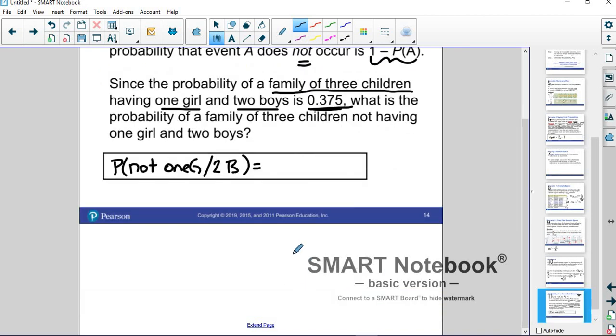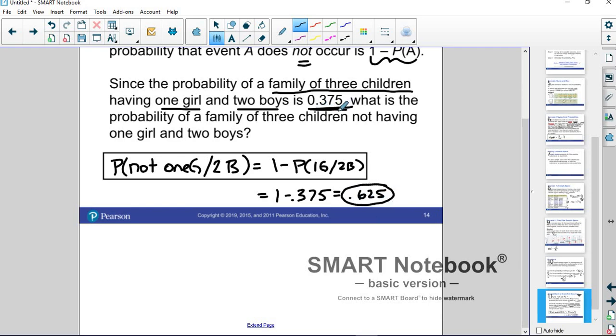Because you would have to say, wait a minute, the probability of having all 3 girls, the probability of having all 3 boys, the probability of having 2 girls and 1 boy, all the differences, right? And you don't want to have to do that. So what you're going to do is say, okay, that's 1 minus the probability that we did have 1 girl and 2 boys. And that probability was already calculated. So we get 1 minus 0.375, and that's 0.625.